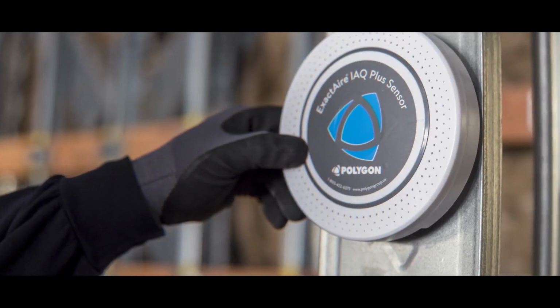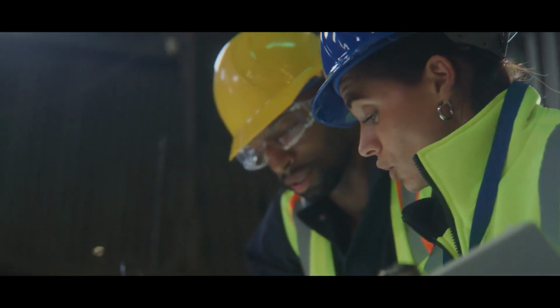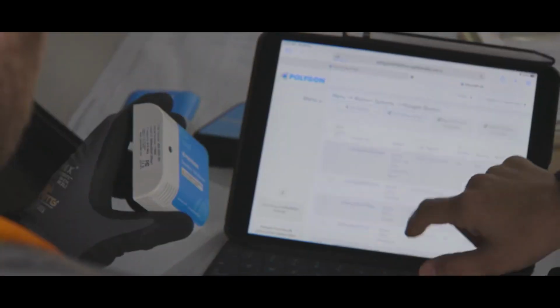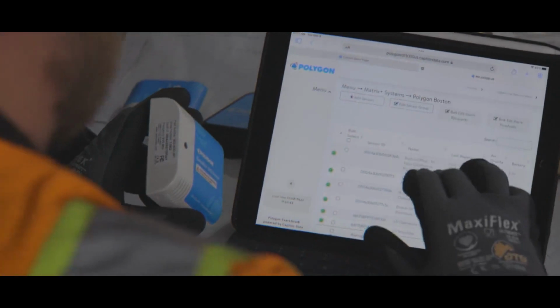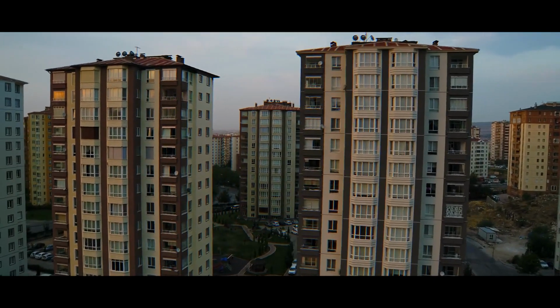Fortunately, sensing and communications technologies can help project managers, owners, and facility managers continuously monitor conditions and understand how they change over time. Deploying connected devices throughout a building empowers stakeholders to be proactive from construction throughout occupancy.